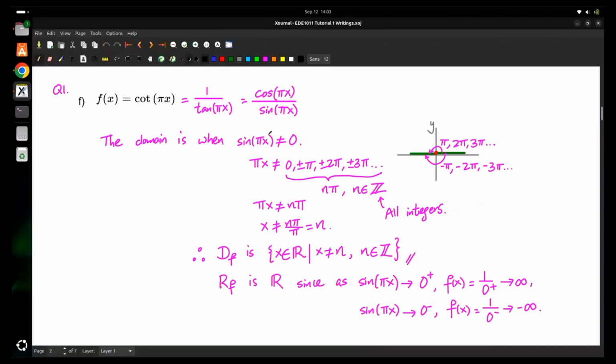Because you must understand that when you take the sine of something, that something is effectively the angle. So this sine pi x, the pi x itself is the angle. So therefore we just have to evaluate when the angle gives you a sine projection of 0.